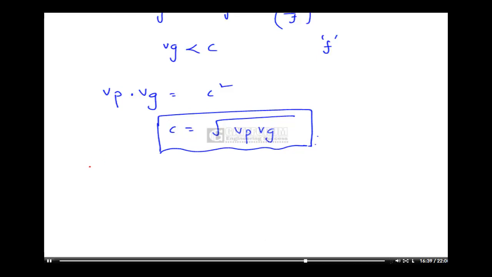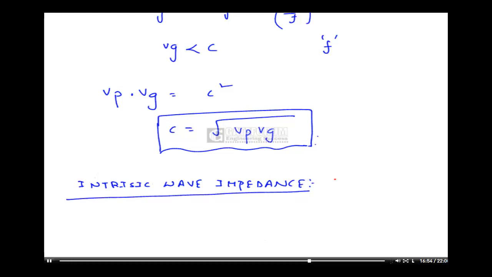The next one is intrinsic wave impedance, eta TM. In TM mode propagation, what is the wave impedance? The wave impedance is generally given by eta TM is equal to beta by omega epsilon.